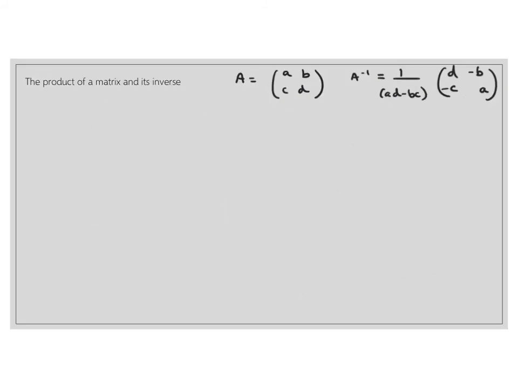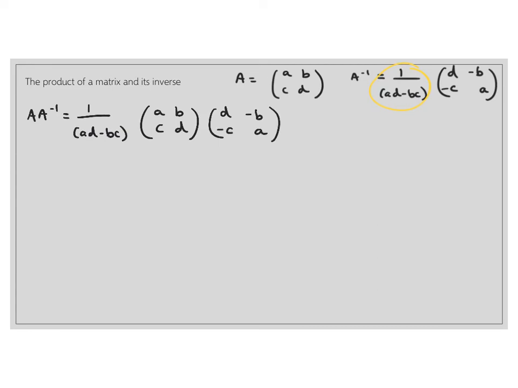So let's have a look at the product of a matrix and its inverse in a little bit more detail. So I have A multiplied by A minus 1. Now I'm going to bring this part here out to the front of the multiplication just for neatness. But we then have matrix A, B, C, D, and we're multiplying by the inverse matrix, and we need the rest of that, so that's this.